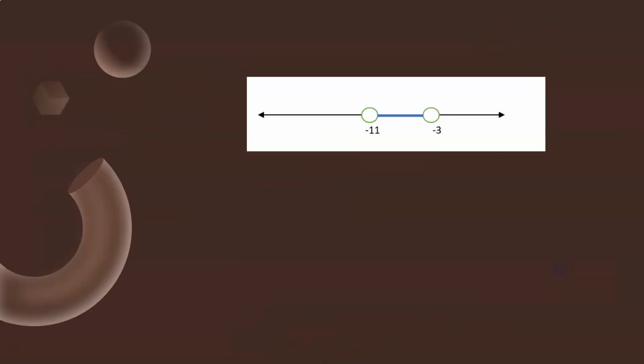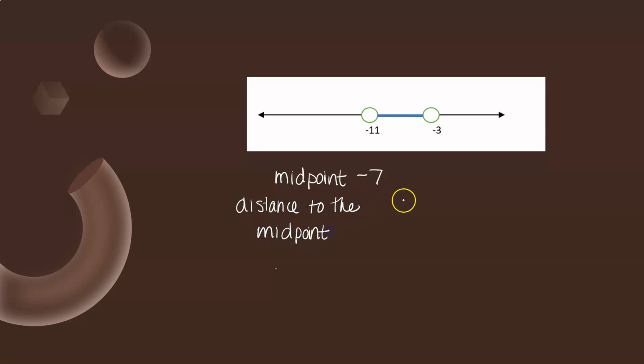One more. We have negative 11 and 3. So the midpoint halfway between negative 11 and 3 is negative 4. So if you go from negative 11 to negative 4 or 3 back to negative 4, the distance to the midpoint is 7.